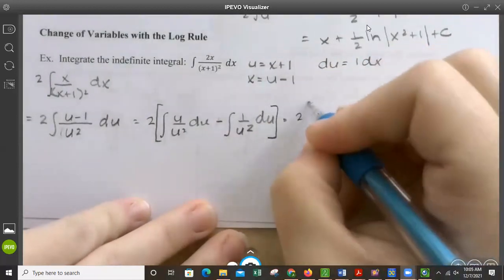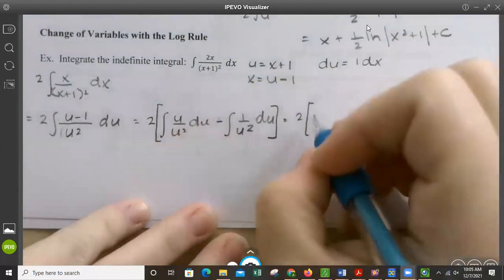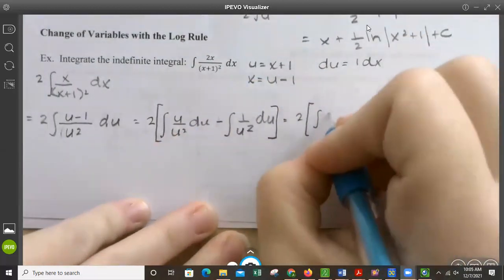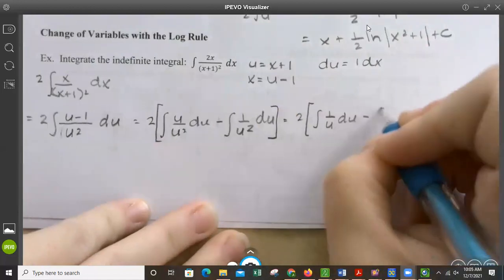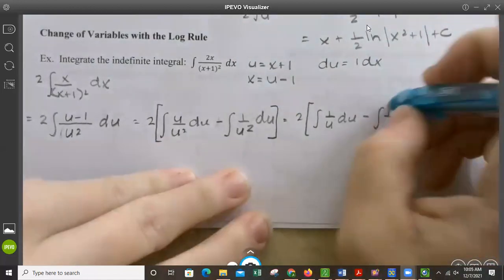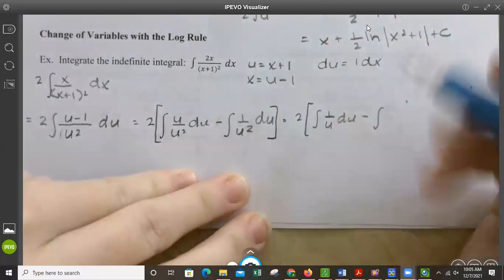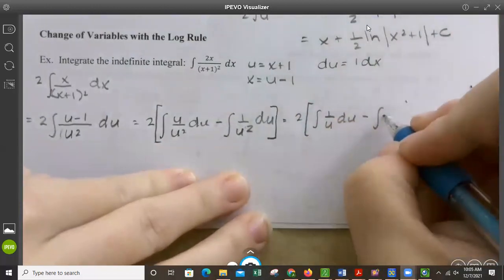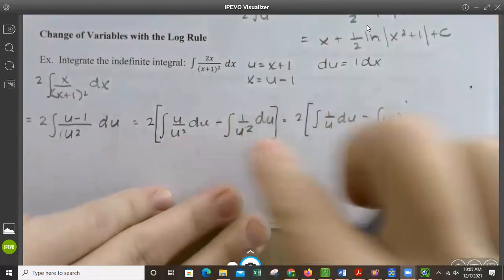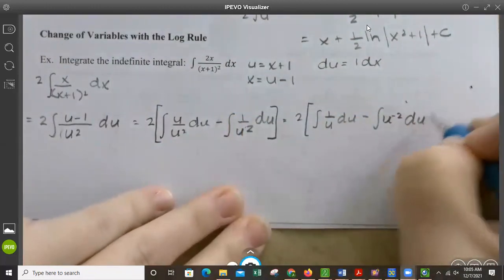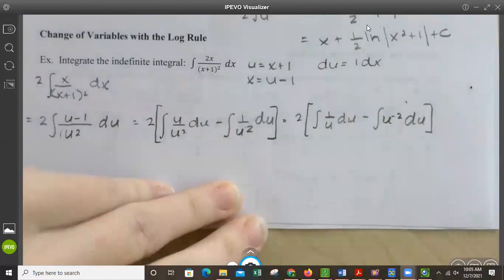Clean it up again. What is u over u squared? 1 over u. What do I rewrite this as? 1 over u squared. Yeah, remember that we just don't change the single u on the bottom, we change everything else. And now we can integrate.